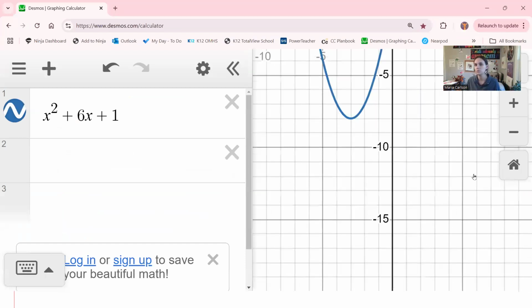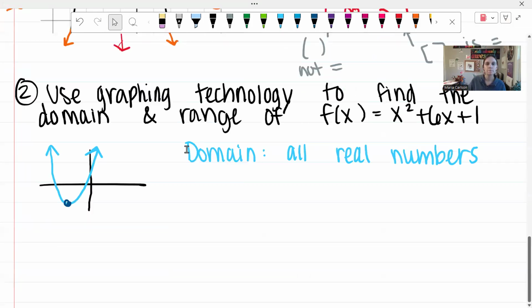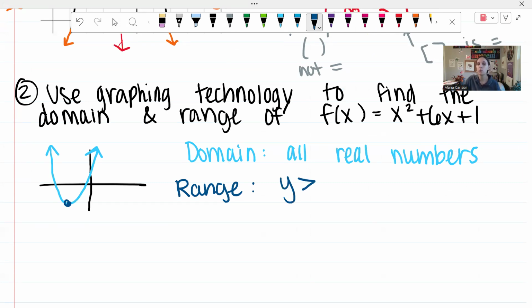So our range is all of the values of y that are greater than or equal to -8, because this vertex is at -3, -8. I could also write this as f of x is greater than or equal to -8.